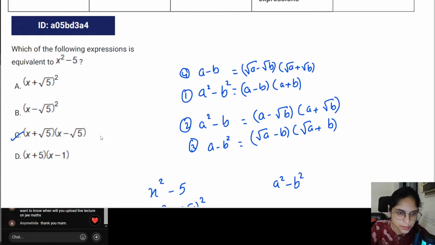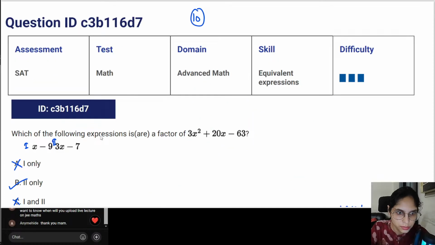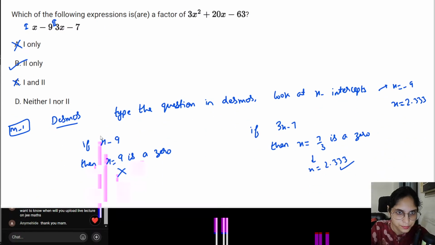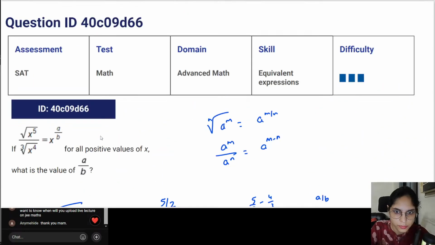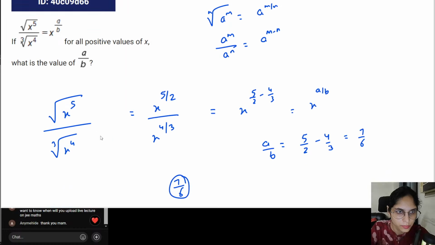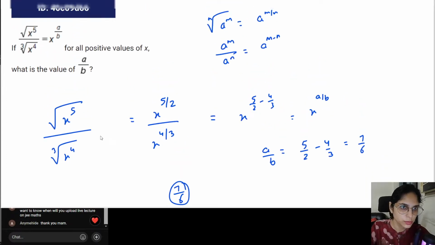Here also you can use Desmos, you know how to use it. This is easier without Desmos, but if you have to use Desmos, we'll do the exact same thing.